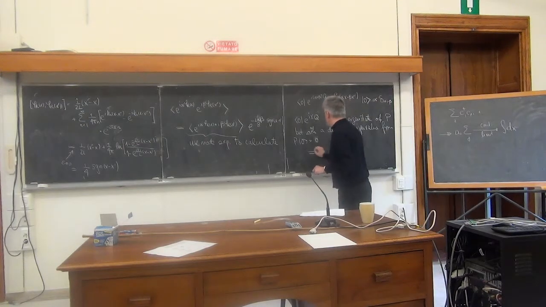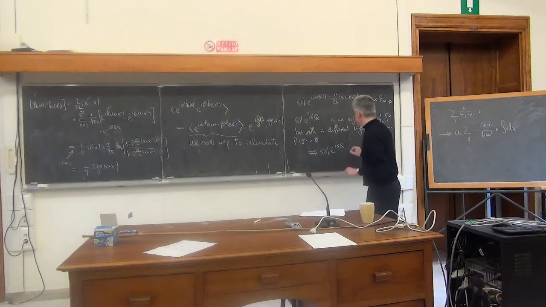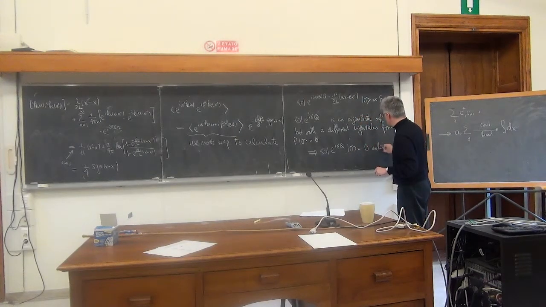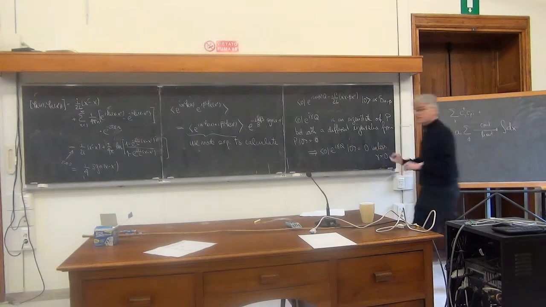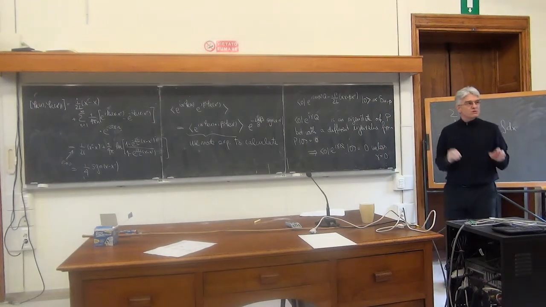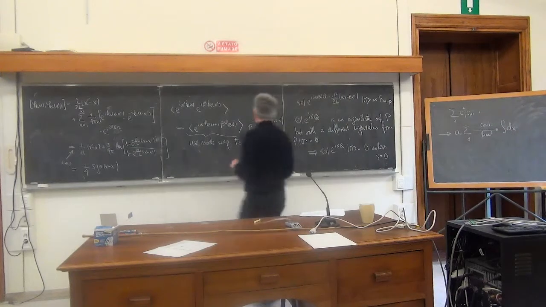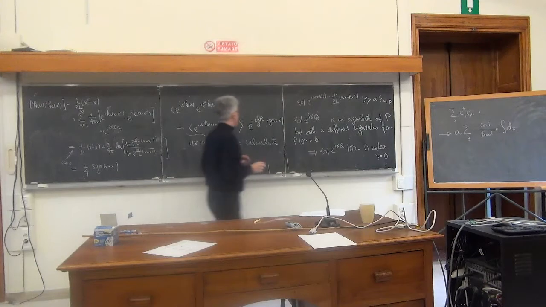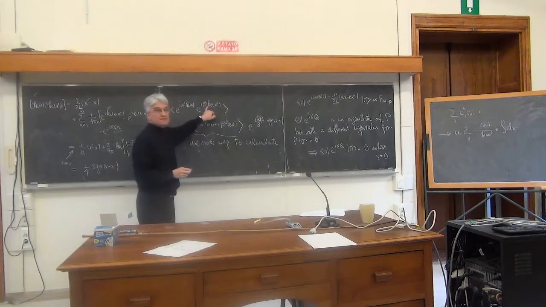And therefore, you would have 0 e to the i gamma q 0 would be 0 unless gamma is equal to 0. So in other words, these zero modes force these two coefficients, alpha and beta, to be exactly opposite. Otherwise, the correlation function vanishes.